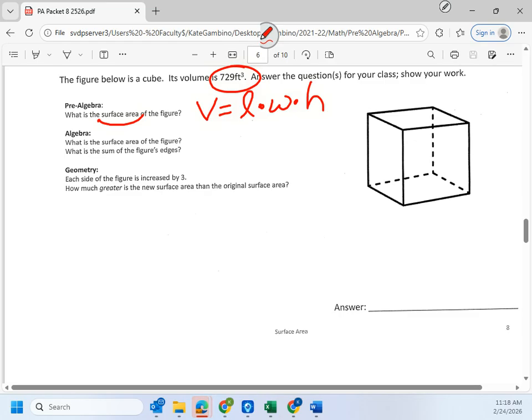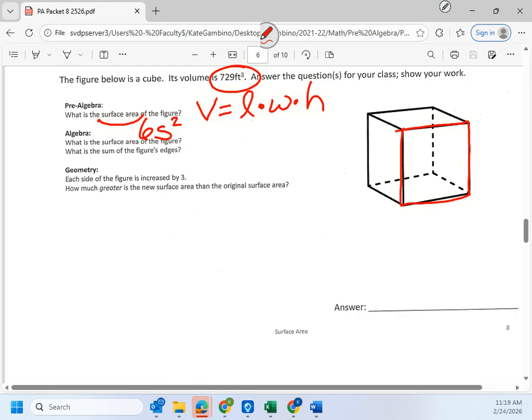So the formula to find the surface area would be all 6 sides of our cube squared. So find the area of one of the sides, length times width.